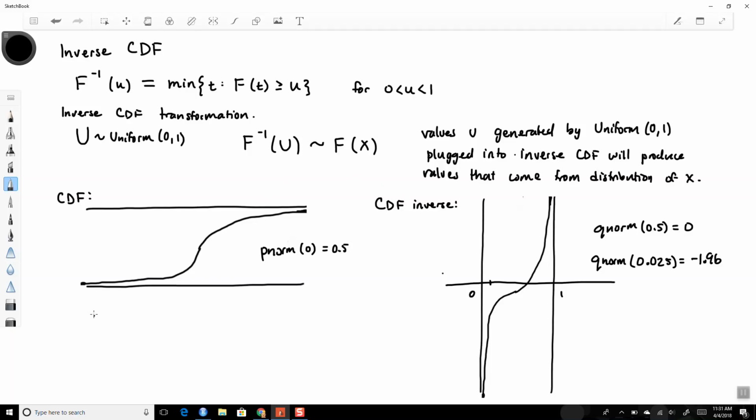Okay, and so here you plug in a quantile, and it returns the percentile. And here you plug in the percentile, and it returns the quantile.